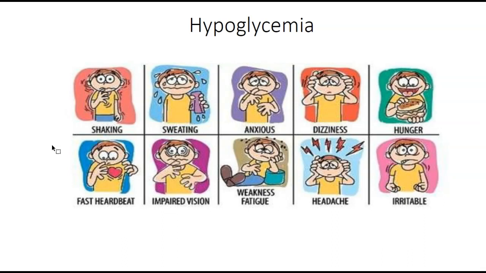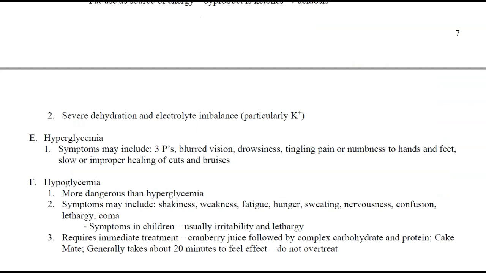Symptoms in children are sometimes different, especially if they're unable to tell you what's going on. For parents, you may see irritability and lethargy more than anything else. When this happens, it requires immediate treatment. If a patient is at home and develops hypoglycemia, the most common treatment is cranberry juice followed by a complex carbohydrate and protein.